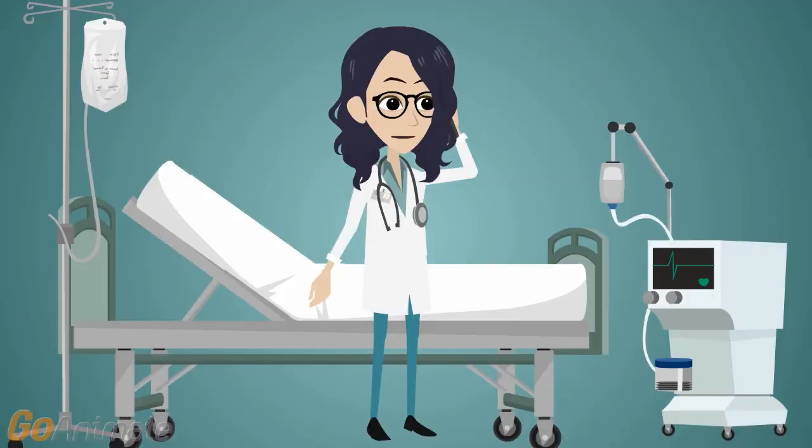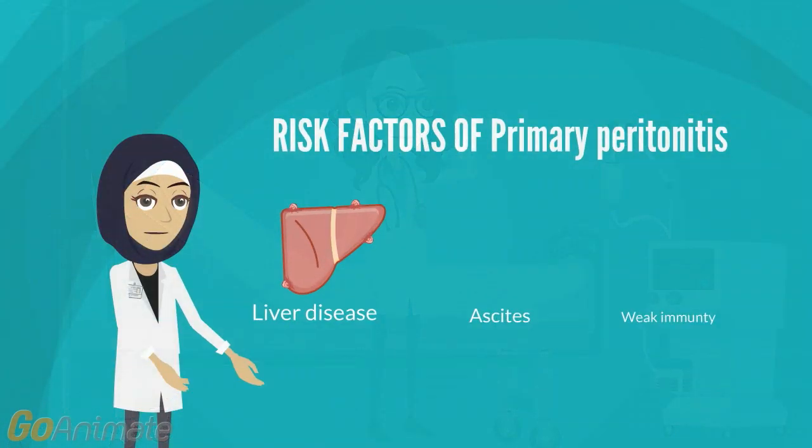Oh yeah, I just remembered. Yesterday, I saw a case of patient who was in peritoneal dialysis and then unfortunately he got an infection. So, do all patients on peritoneal dialysis have a high risk to be infected? Well, actually, yes.